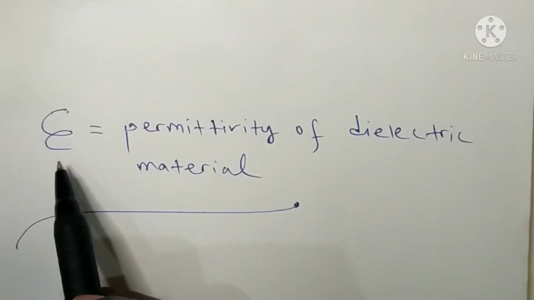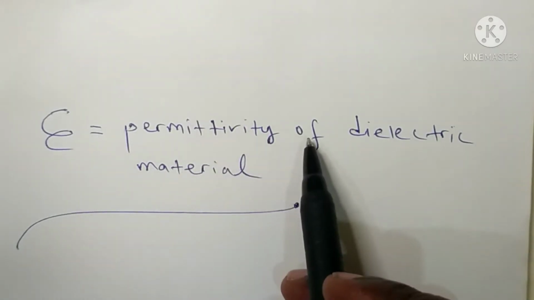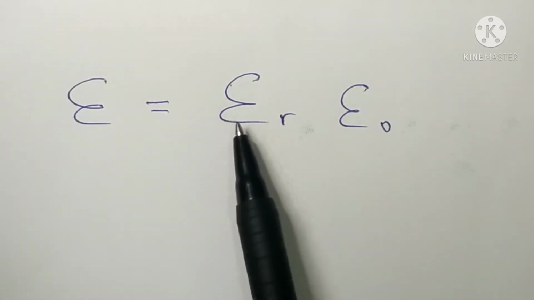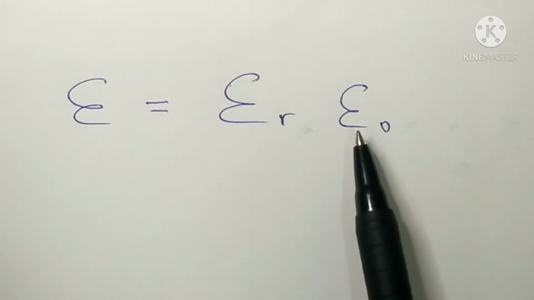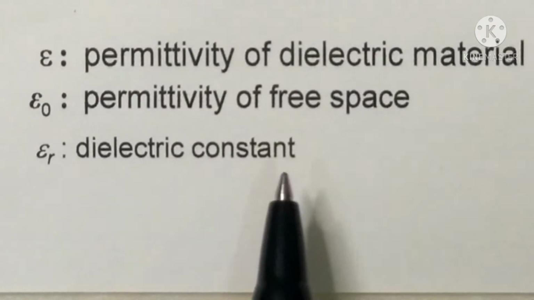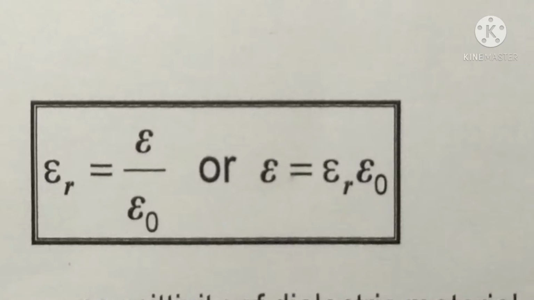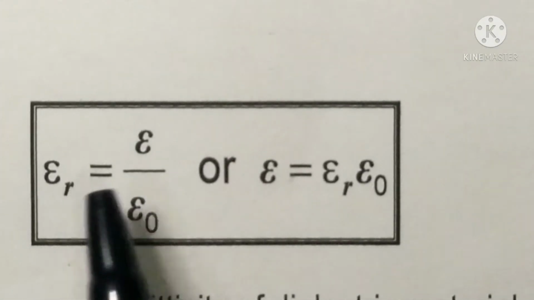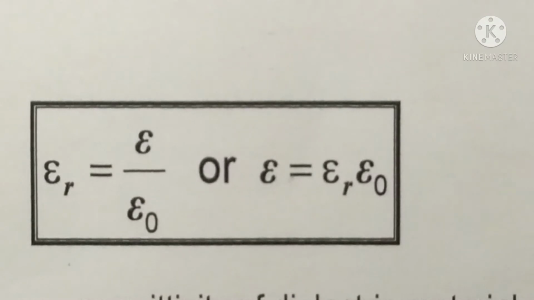This permittivity is the permittivity of the dielectric material, which equals epsilon R times the permittivity of free space, where epsilon R is the dielectric constant. Therefore, the dielectric constant is equal to the ratio of the permittivity of the dielectric material and the permittivity of free space.